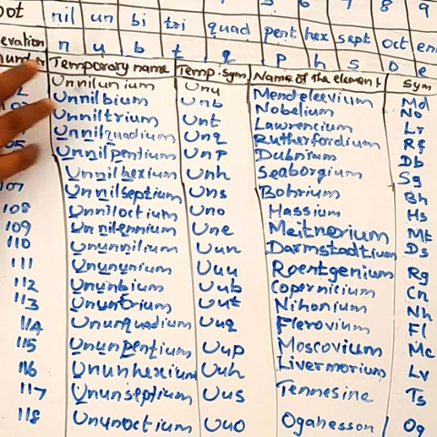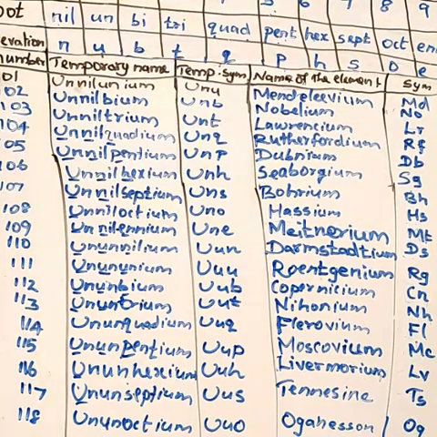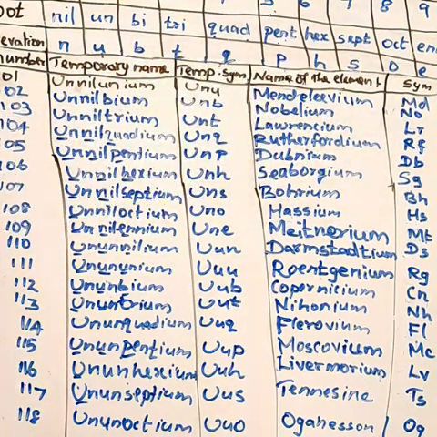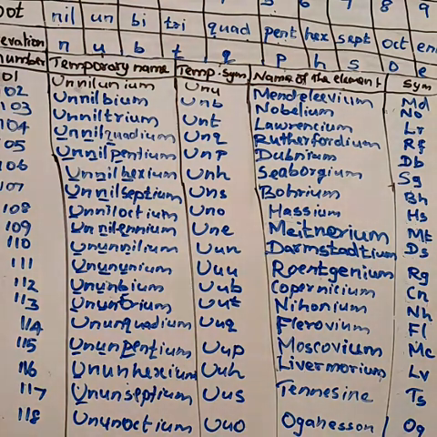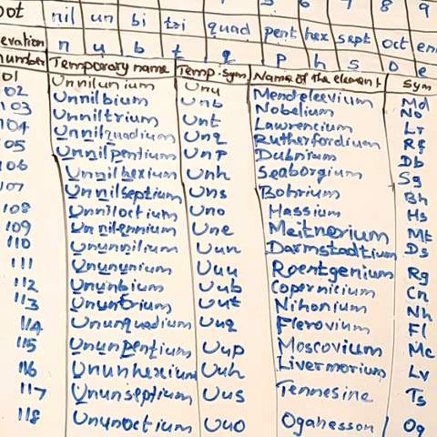Means, 101 the element name mendelevium and symbol Md, and 102 nobelium, symbol No. It is on page numbers 75 and 76. Okay, if you don't have the book, note it now. 101 to 118 element names. No need to write the temporary name and temporary symbol. You write the element name and symbol.